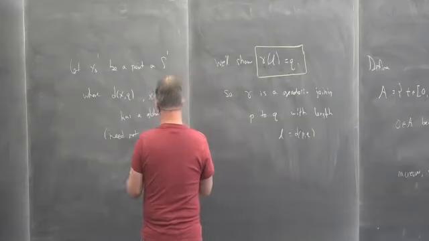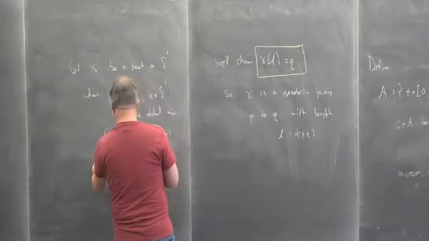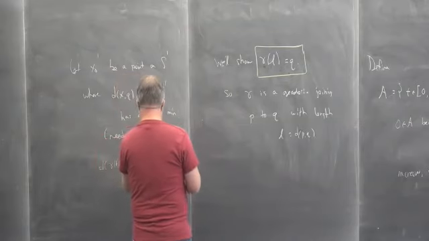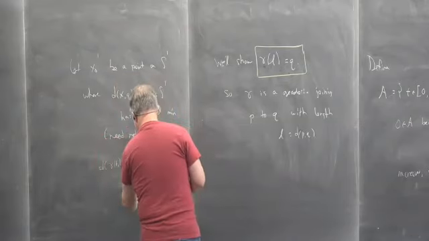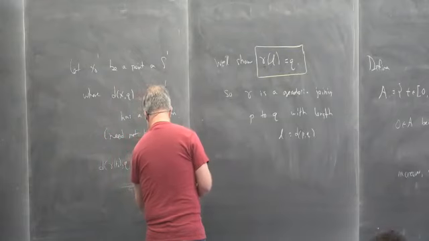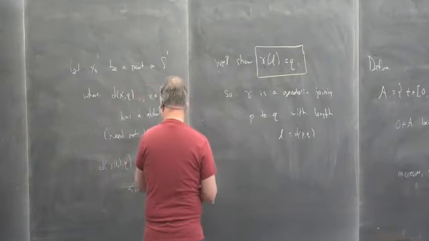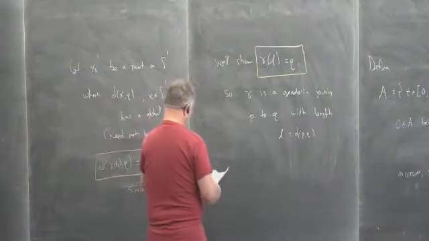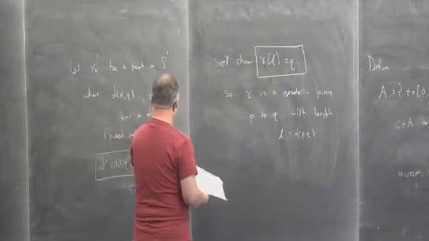Okay. So what do we know? The distance from gamma of T naught to Q is L minus T naught, since T naught is in A. That was the definition of this set A. Let's call this equation 1.